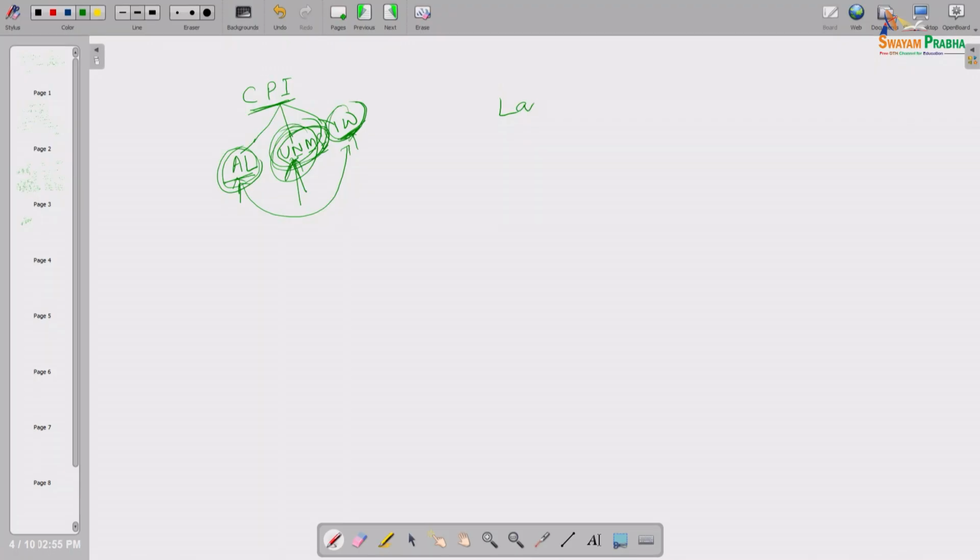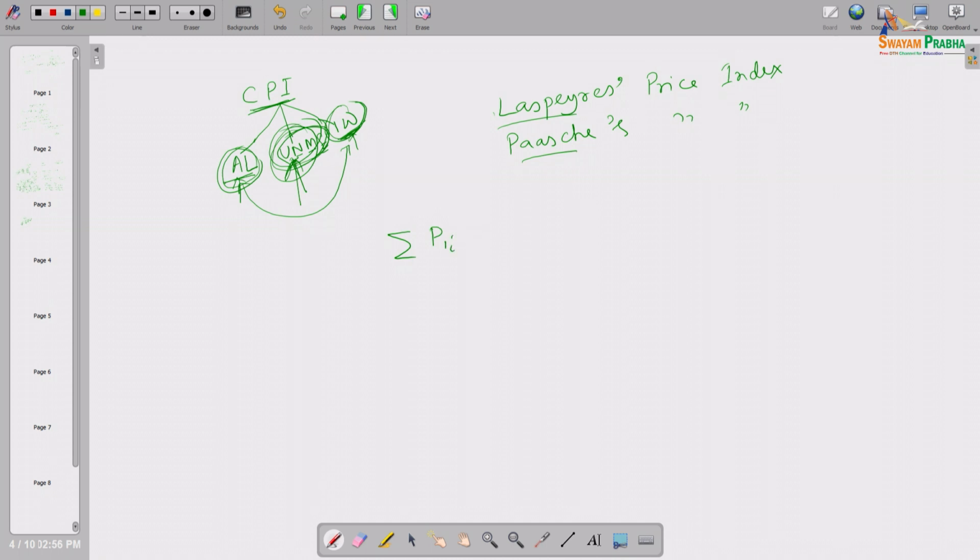Certain popular consumer price indices are there, say the Laspeyres price index, and another called the Paasche price index. These are consumer price indices, and Laspeyres and Paasche were two German statisticians who gave these two formulas. If I write the Laspeyres price index, you can understand its meaning. The Laspeyres price index is basically sigma P1i Q0i divided by sigma P0i Q0i, into 100.